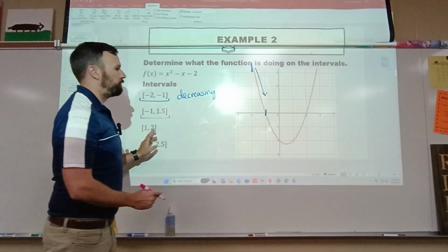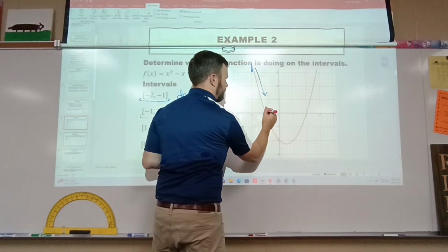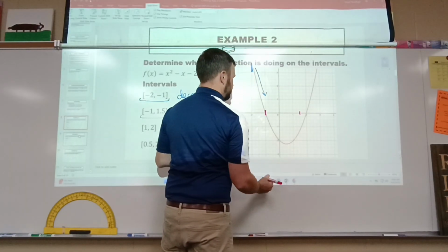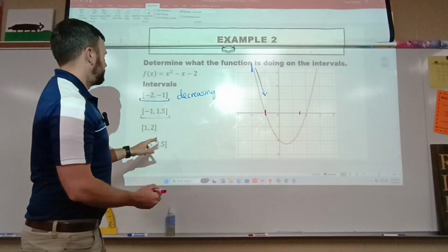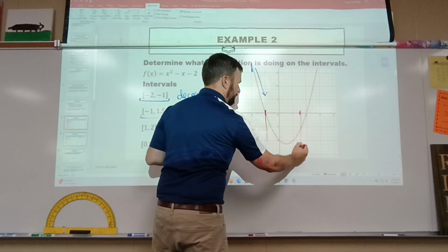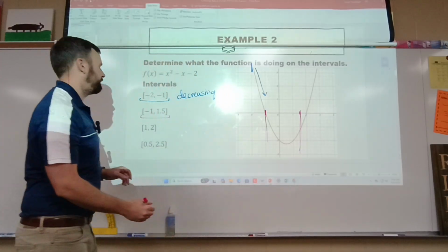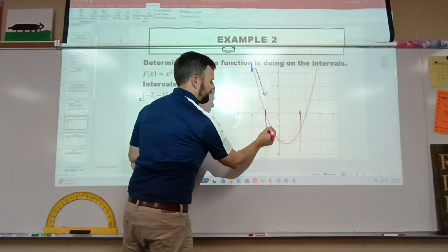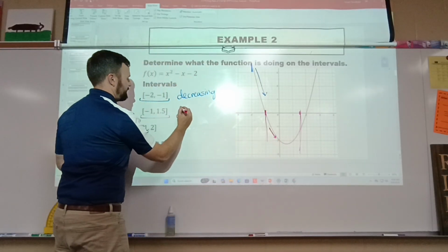What about -1 to 1.5? What is going on from here to here on this graph? Is it staying the same? No. Is it doing multiple things? What's it doing first? It decreases.